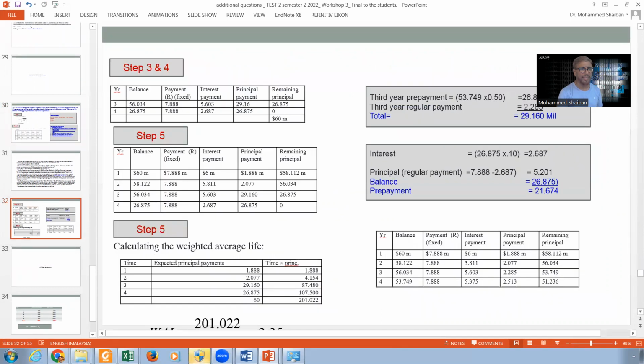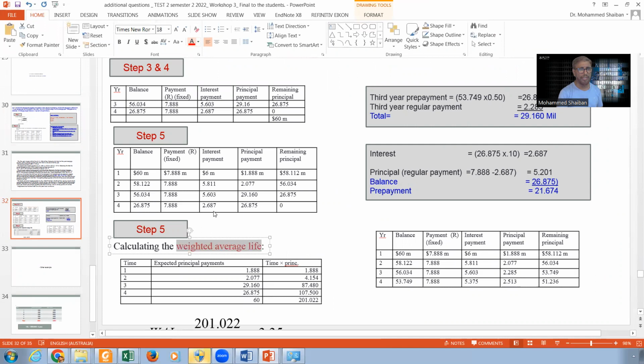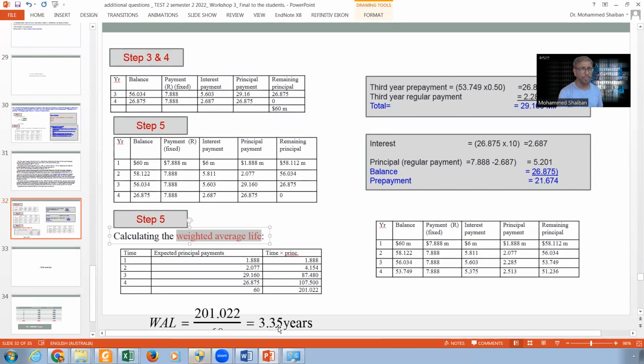And the WAL is the weighted average life, this one. Now, the weighted average life, I calculated according to this problem, and I found it to be 3.35 years, while the loan is actually 4 years. Let me make it easier for you.